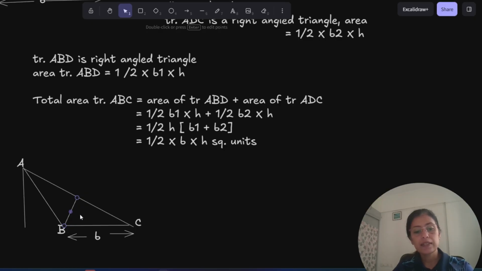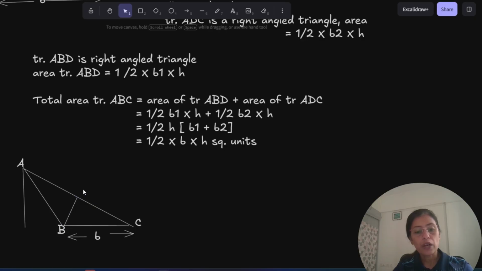In this case, our base will be, because the vertex is B, our base will be AC. So we will call the length of AC equal to B, and this is our altitude, and it is very similar to what we did for this acute angle triangle, right?